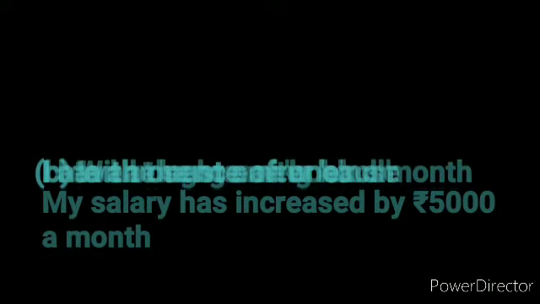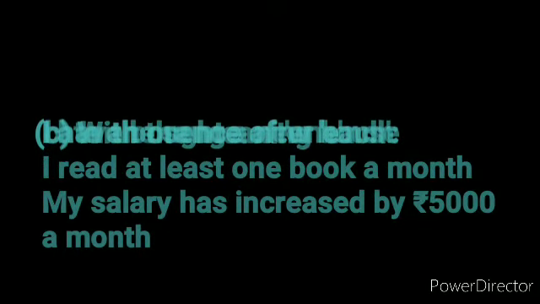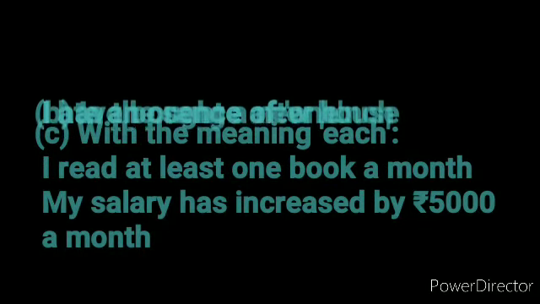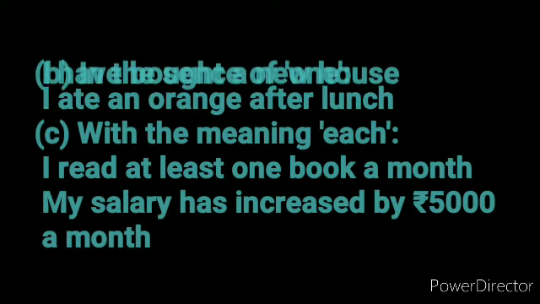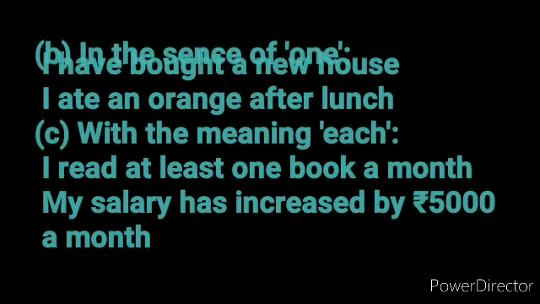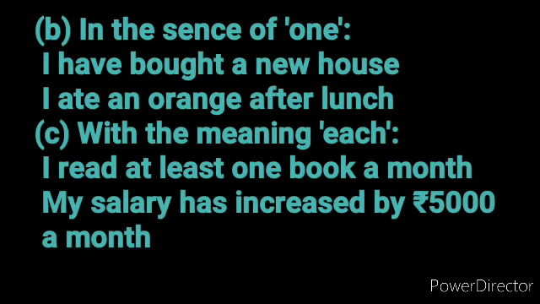And in the sense of one, and with a meaning of each, we will use a. For example, I have bought a new house, or else I ate an orange. In the first example, I have bought a house, a new house. Or else, I ate an orange after lunch.